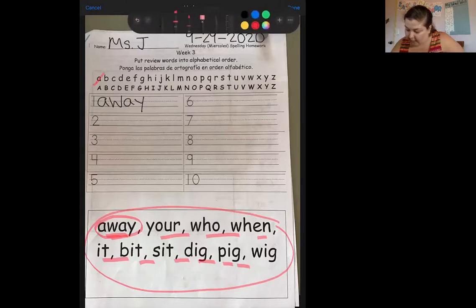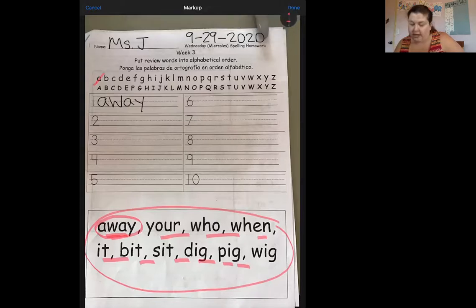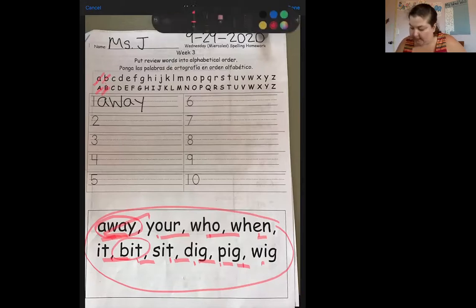So now let's keep going. The next letter is B. So we did away. Do we have any words that start with B? Tell me first, do you see one that starts with a B? I see one. Bit, okay? So I'm gonna cross off the B, and there's no uppercase A, and there's no uppercase B. So we can keep going.